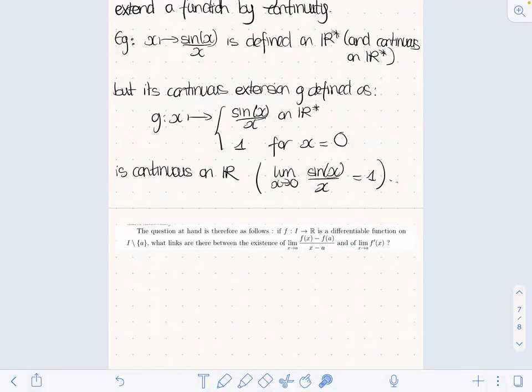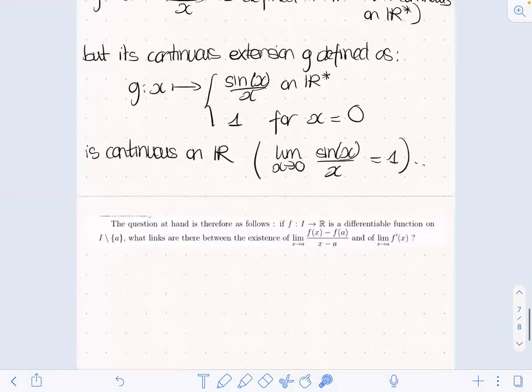And in a very similar manner, if you've got a function that's differentiable everywhere except at a point, we want to look at the link between the limit of the difference quotient, so this is the derivative, and the limit of the derivative.